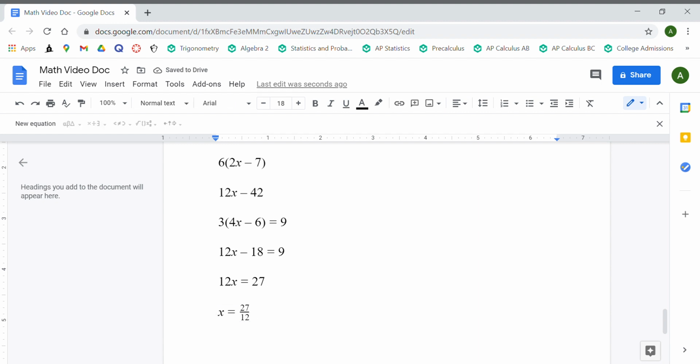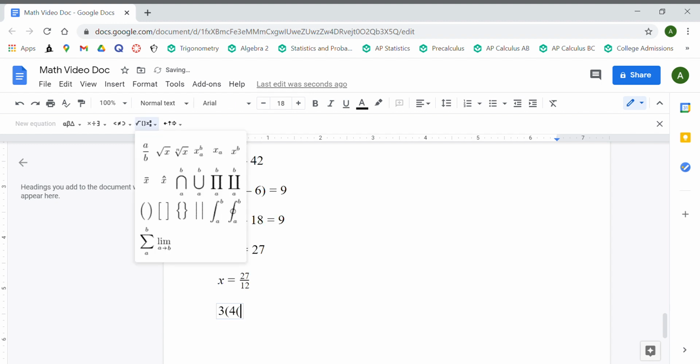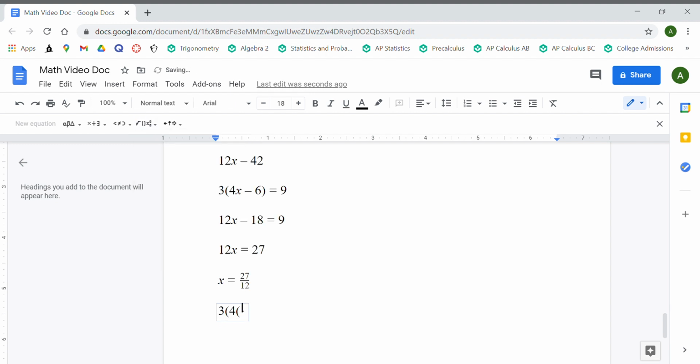Alright, still checking, even though we got ourselves an ugly fraction here. So we've got to substitute 27 over 12 for x in 4x minus 6. Does it equal 9? Well, let's find out.